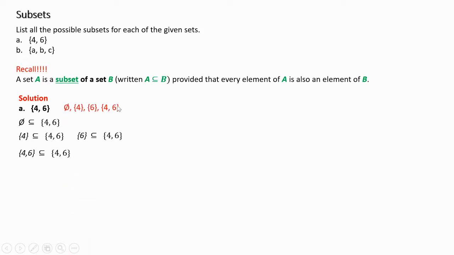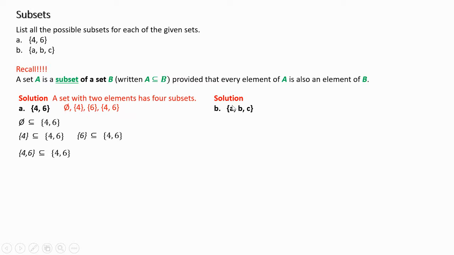There's 1, 2, 3, 4, right? So there are 4 subsets. If you have 2 elements, a set with 2 elements has 4 subsets. Right now, guys, it's going to lead to the definition of a set with n elements having 2 to the something power. And that's going to help you with some other homework also.